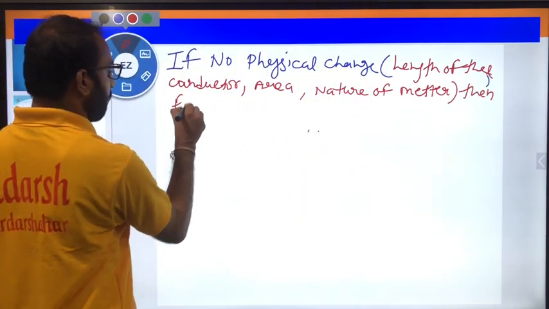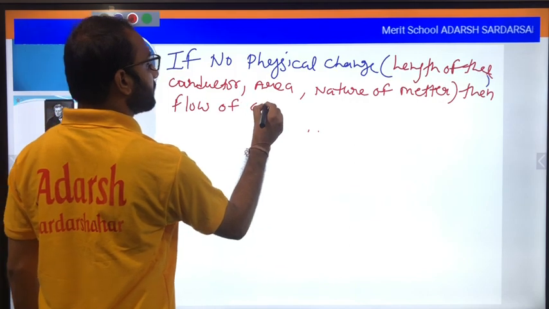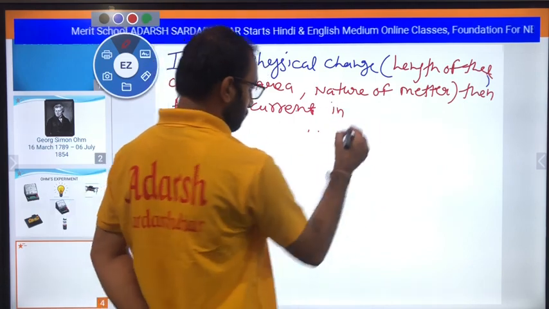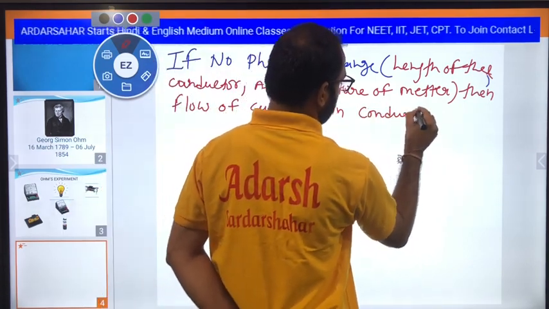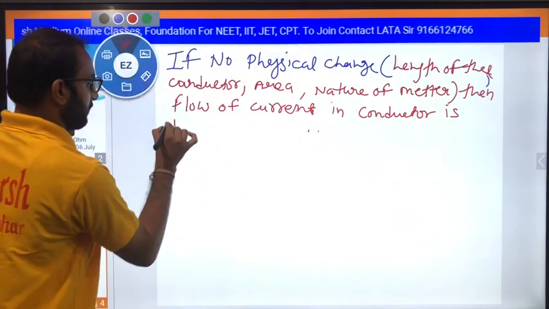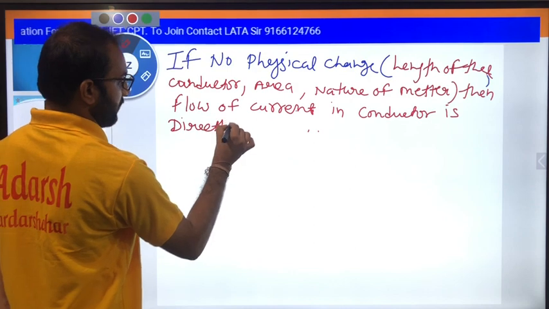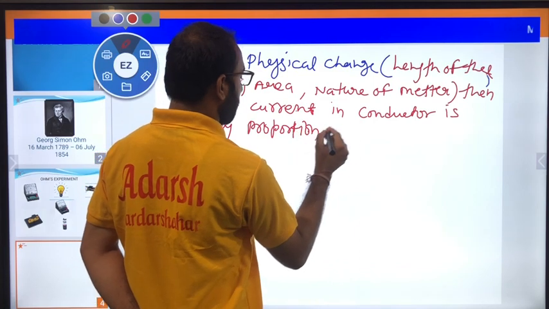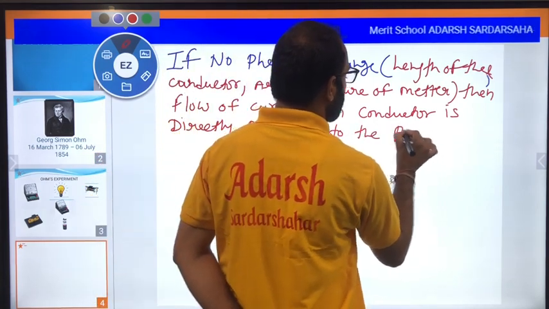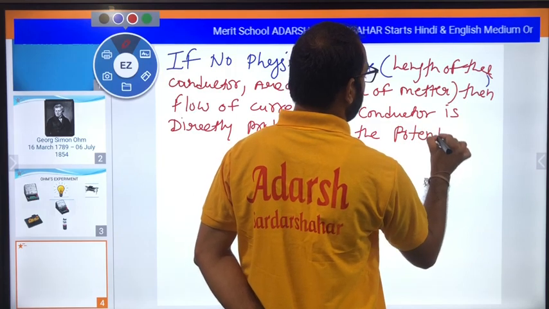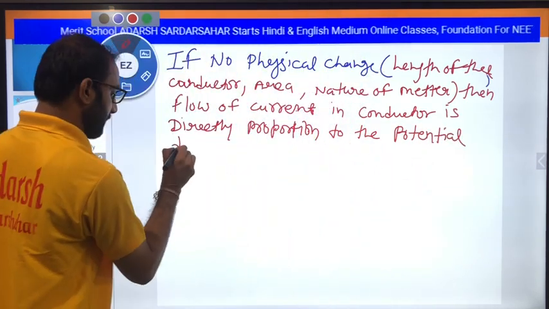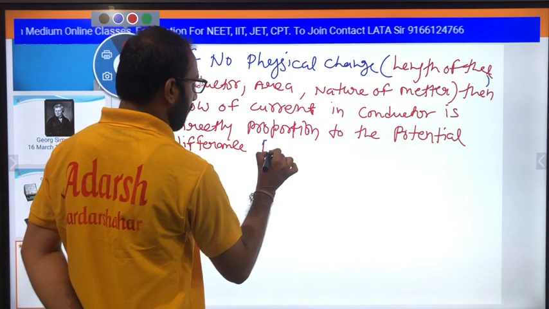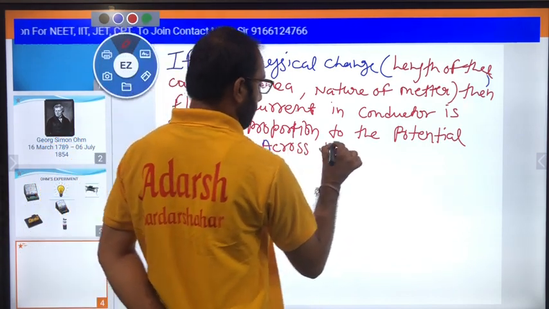Then the flow of current in a conductor is directly proportional to the potential difference across the conductor.